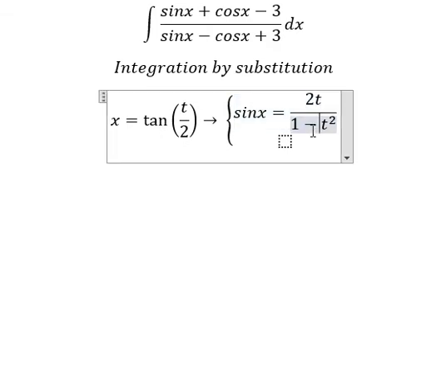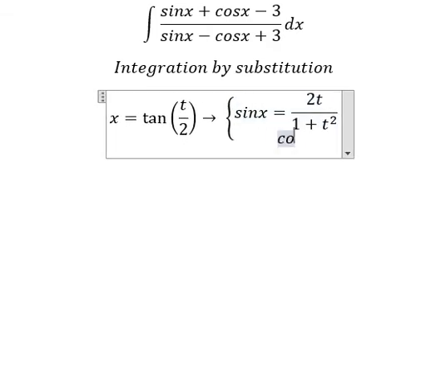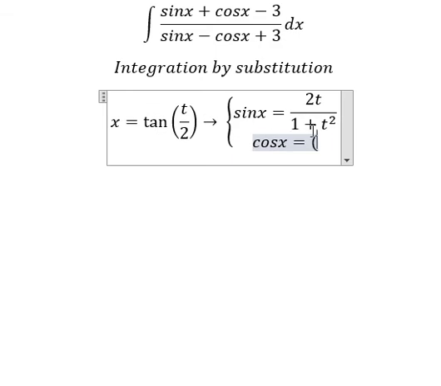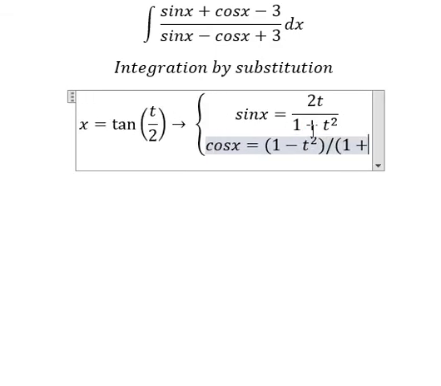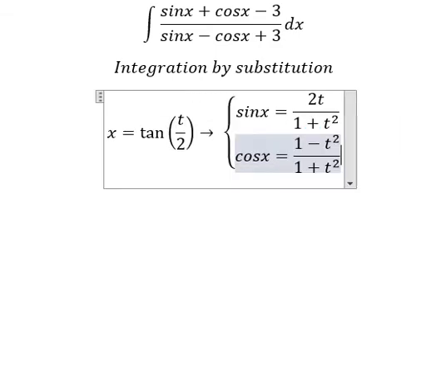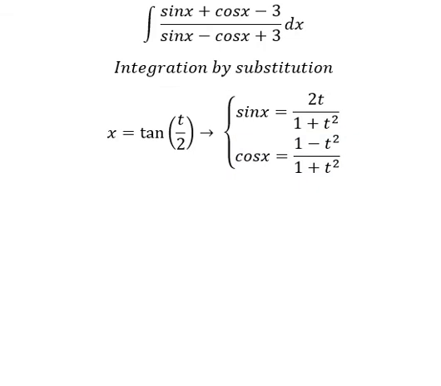Positive. And cosine s we change for 1 minus t squared over 1 plus t squared. And then ds we will change for 2 dt over 1 plus t squared.